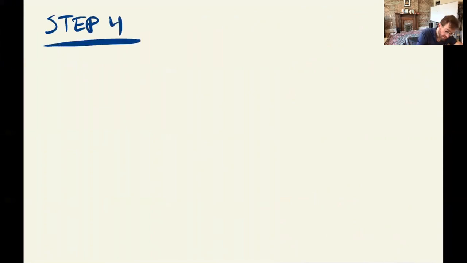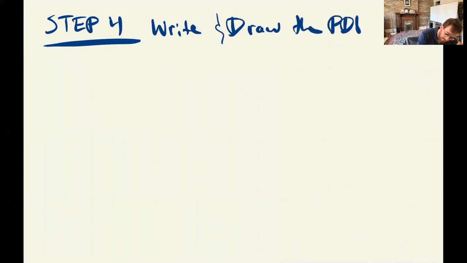All right, so I'll go ahead and maybe list this as an unofficial step 4, which is write and draw the PDF. All right, so what do we've got here?